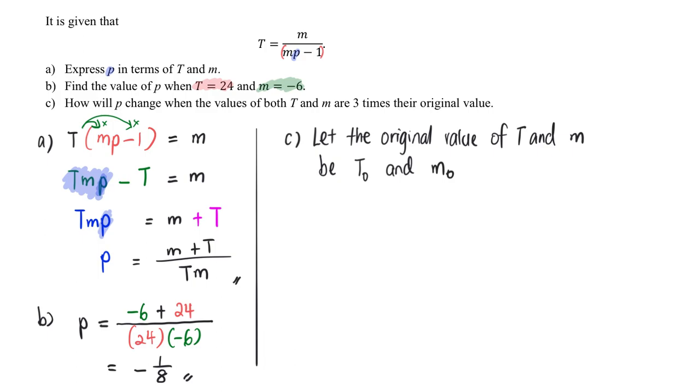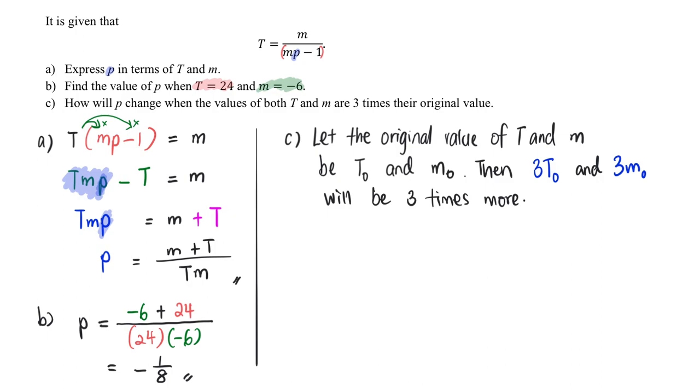Then 3T0 and 3M0 will be 3 times more. So let's see what happens.